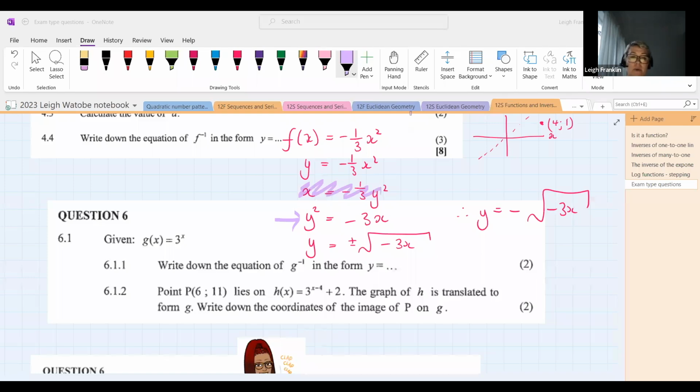So we divide both sides by negative 1 over 3. Remember in front of the x there's a 1, right? So if you take 1 and divide it by negative 1 over 3, that's the same as multiplying it by minus 3 over 1. So that's why we end up with minus 3x.